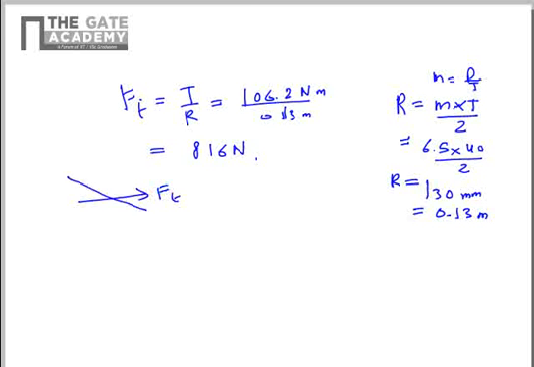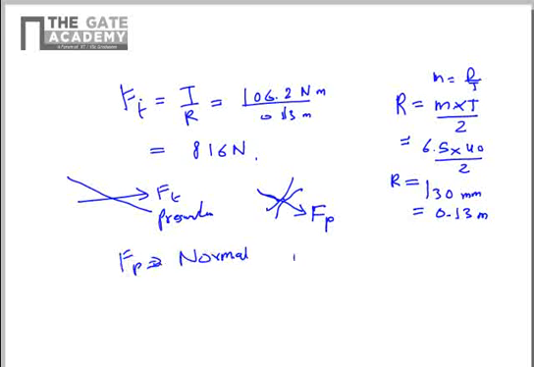Now this is the tangential force and this is the pressure line. The actual engagement between the gears happens at the pressure line. Let's say Fp is the normal force at the gear tooth, and the pressure line makes an angle xi with respect to the common tangent at the pitch point.